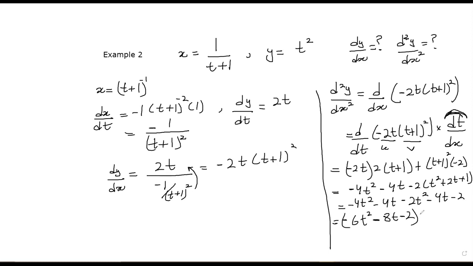After this, we will multiply it with dt over dx, which will be the reciprocal of this. So it will be minus t plus 1 whole squared. If we take the minus common from this equation, we can simplify it this way.